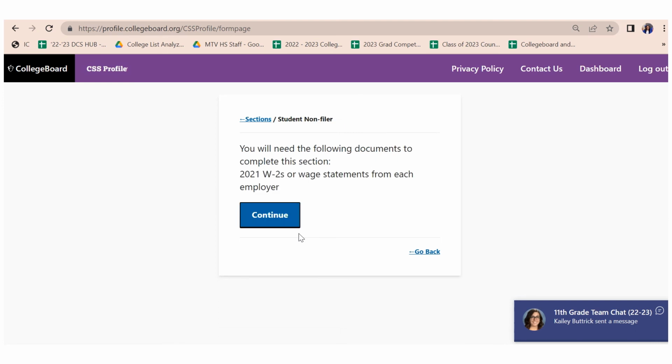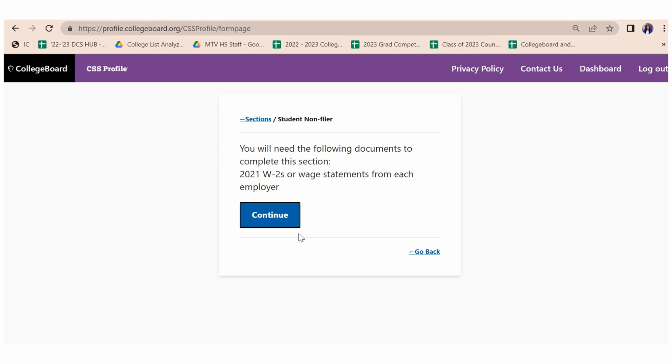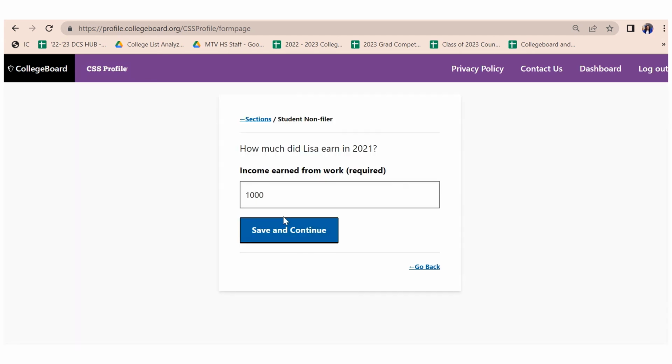And then they're still going to ask about, did the student earn any income? So students who didn't file taxes still may have a W-2 or a statement showing their earnings from their employer. So we will estimate. If they have a W-2, it will say right there how much they earned in the 2021 school year only.